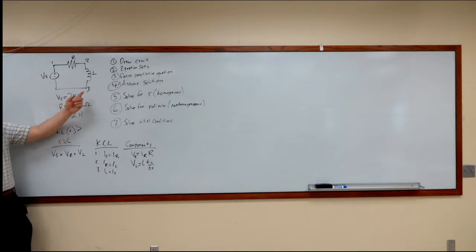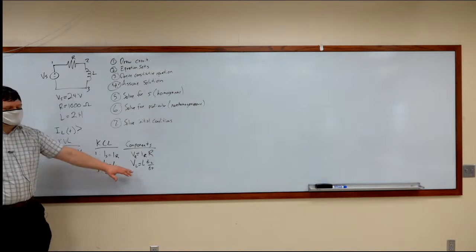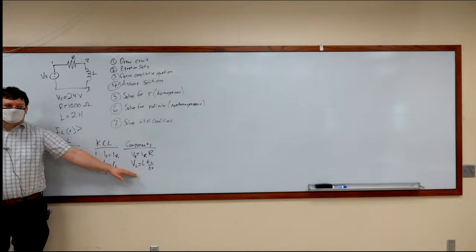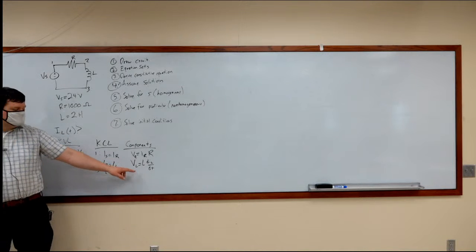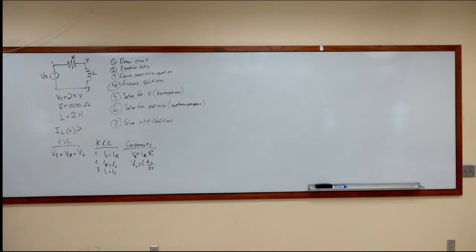This is specific to inductors. So it is not IC equals C dVc/dt, because we don't have a C. We don't have capacitance. This is the inductance-specific relationship between the voltage and the current in the inductor.